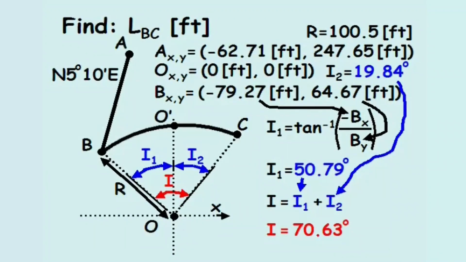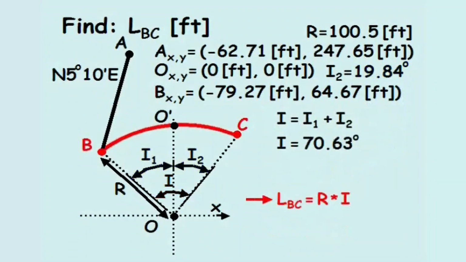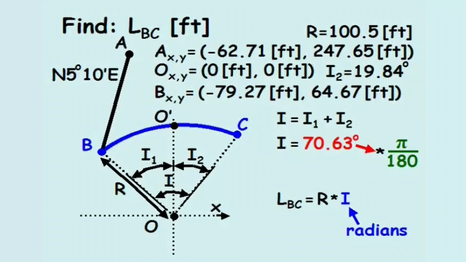Lastly, the length of arc BC equals the radius of the curve times the interior angle swept out from point B to point C. In this equation, angle I should be in the units of radians. Therefore, we'll multiply 70.63 degrees by pi over 180, which makes I equal to 1.233 radians.